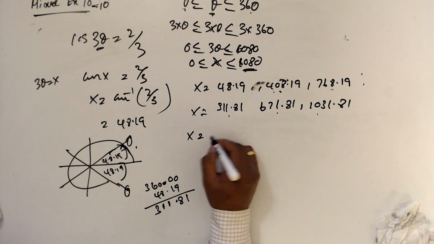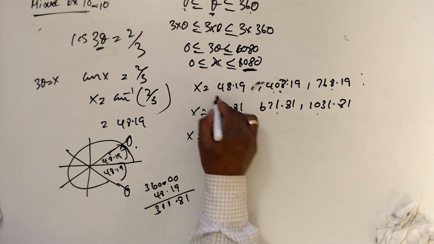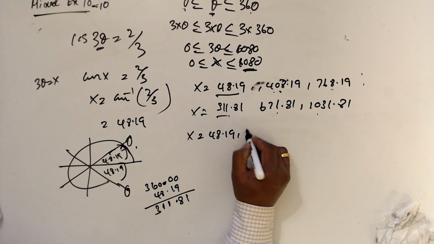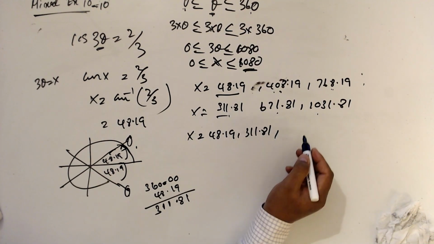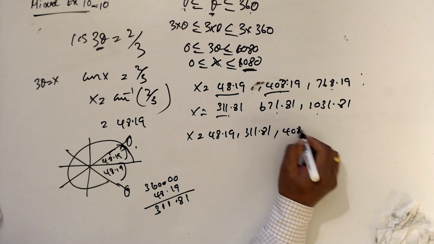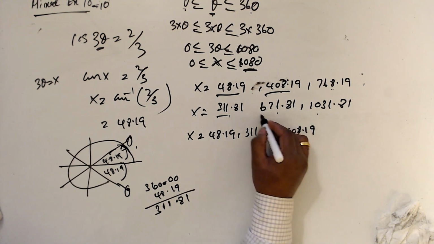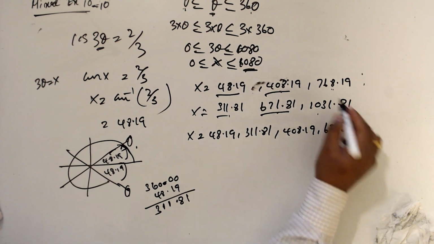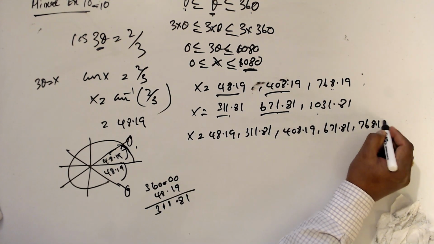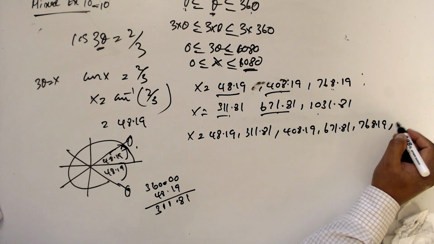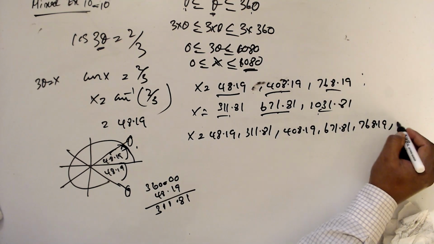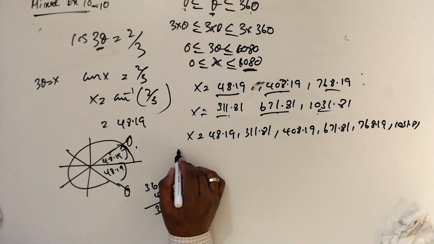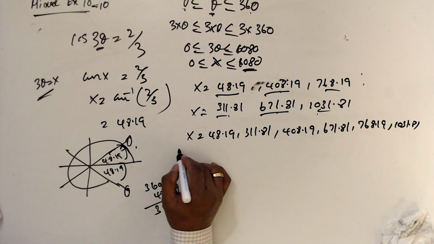So x equals 48.19 first, then the next small one, 311.81, then 408.19, 671.81, 768.19, and the last one 1031.81. So this is actually 3 theta.